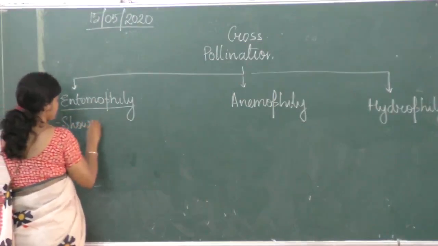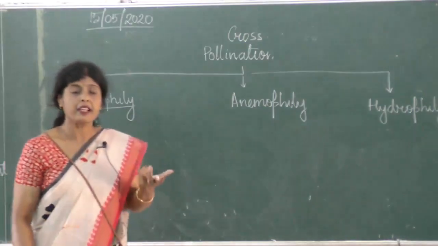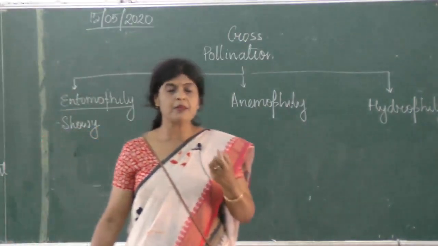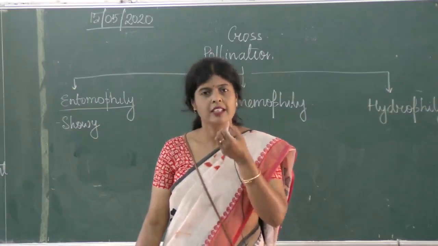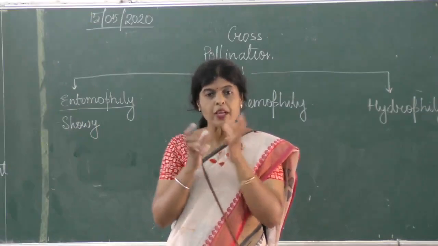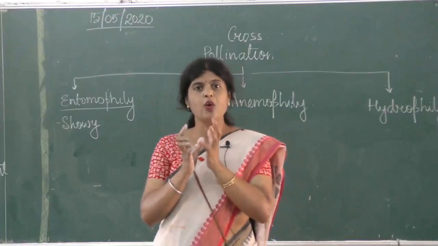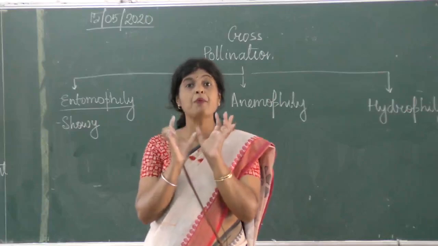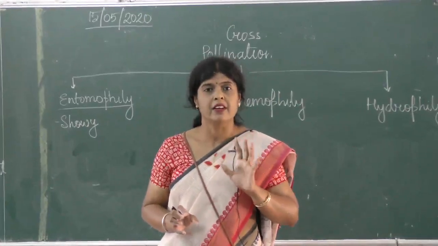How showy? They are large, brightly colored. In some cases it is seen that the flowers are not large, they are tiny. So what happens? They grow in cluster, for example, sunflower, marigold. They grow in cluster so that they become prominent, very conspicuous.